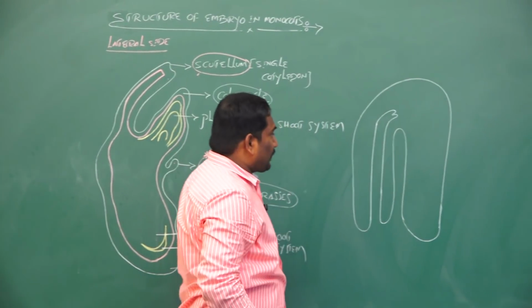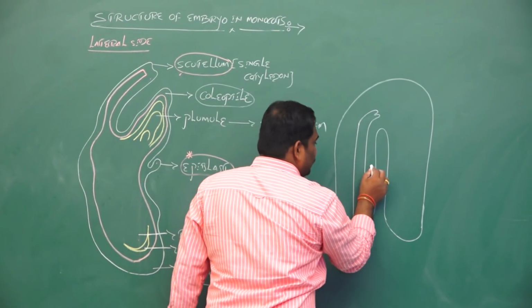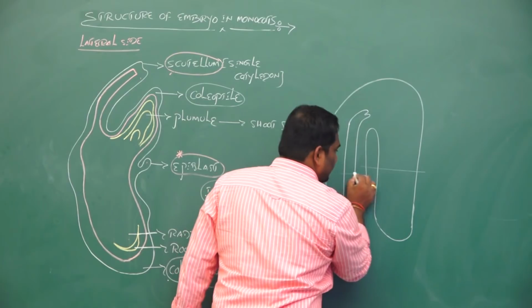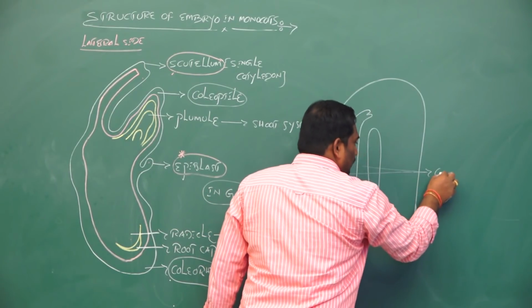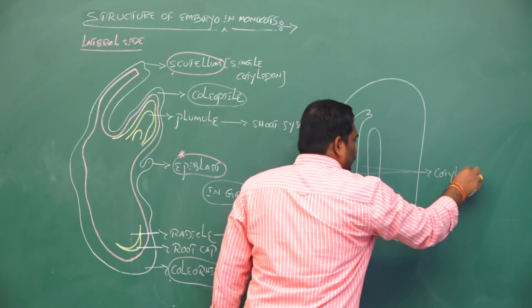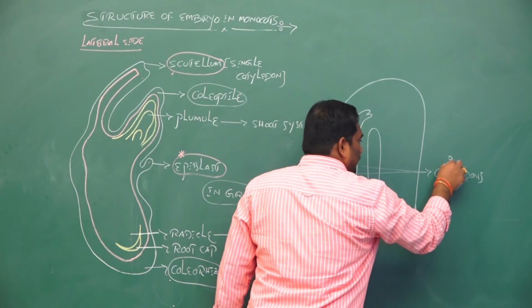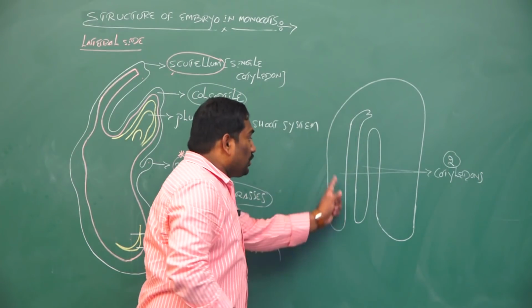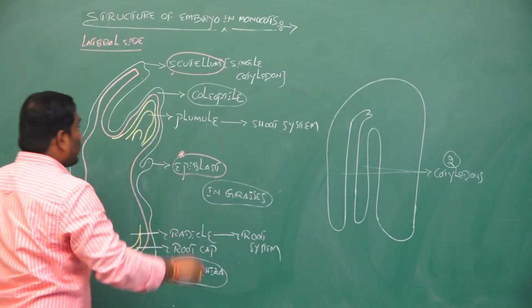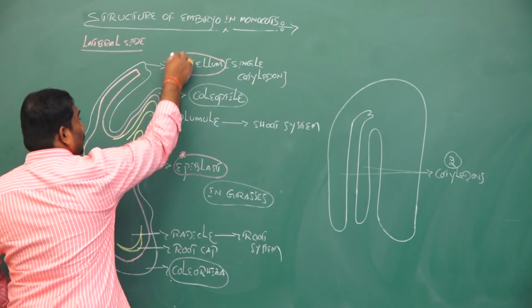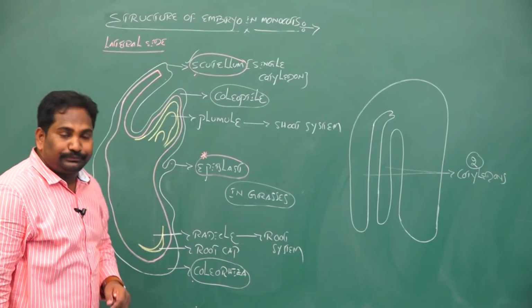In this basic structure, these two are called cotyledons. The number of cotyledons in the dicotyledon embryo is 2, whereas in the monocotyledon embryo it is 1. The single cotyledon is called the scutellum.